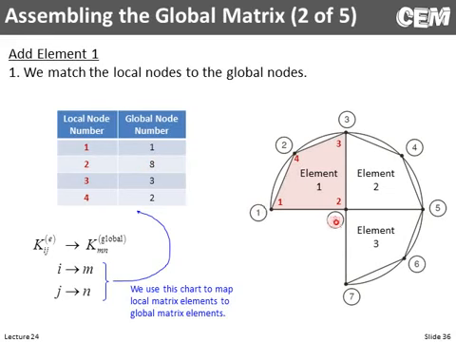And we can see that over here. Local node number 2 corresponds to global node number 8. So we finish this, and then local node number 3 is global node 3. Local node 4 is global node 2. And so using this, we can map elements from our element matrix to our global matrix. And let's see how that's done on the next slide.